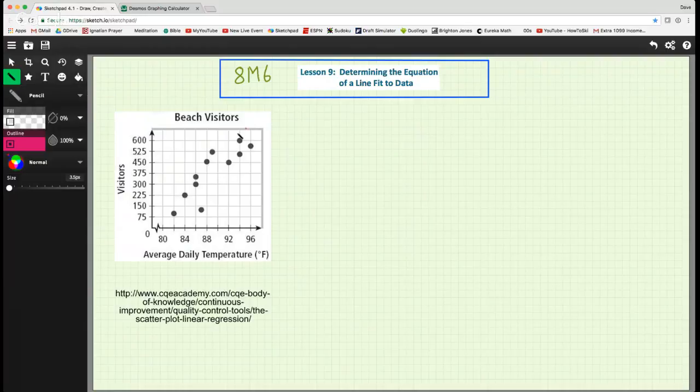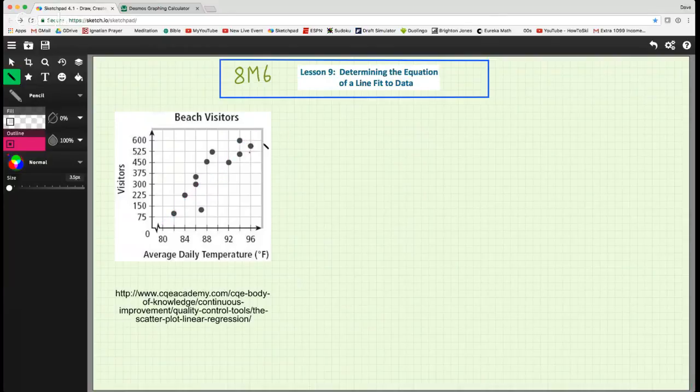Now, what they have done is they've taken some data points of when the temperature at this given beach was a certain temperature. Here it's 82, and on that day we had about 100 visitors. One day it was 84, and they had 225 visitors. And notice, as it gets warmer, we do have more visitors.